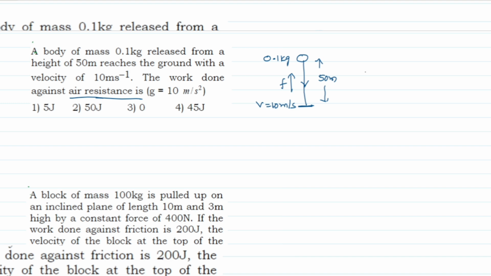According to the work energy theorem, work done by all the forces equals the change in kinetic energy. One force is the gravitational force, and another is the air resistance, which acts upwards. So the work done by the gravitational force plus the work done by the frictional force equals half m v2 square minus half m v1 square.